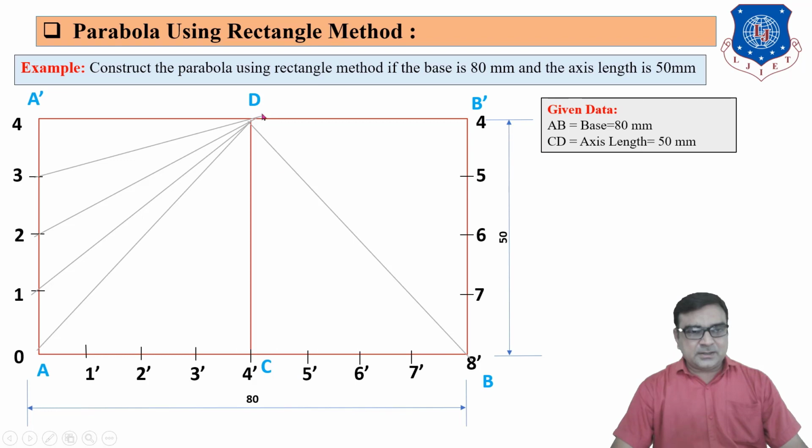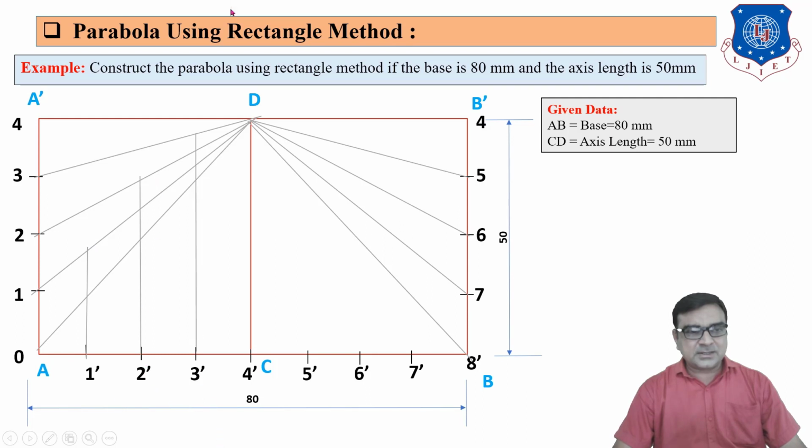Now here join D to 8 dash, 7, 6, 5 and 4. Now to obtain the points of parabola we have to draw the vertical line from this 1 dash, then 2 dash, 3 dash.